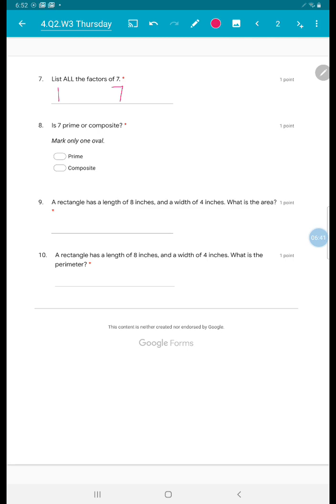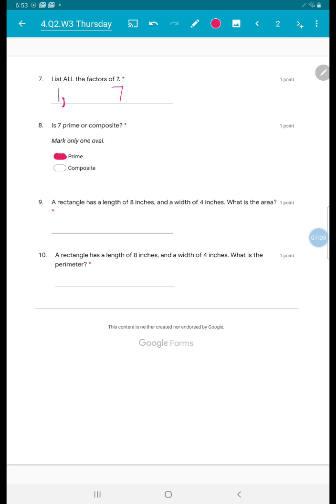Of course, 6 isn't a factor because 6 times 1 is 6, and then 6 times 2 is 12. So that gets me past 7. We already have 7 listed as a factor. So those are the only two. The only factors of 7 are 1 and 7. So it is a prime number. Remember, prime numbers only have 1 and itself as factors.